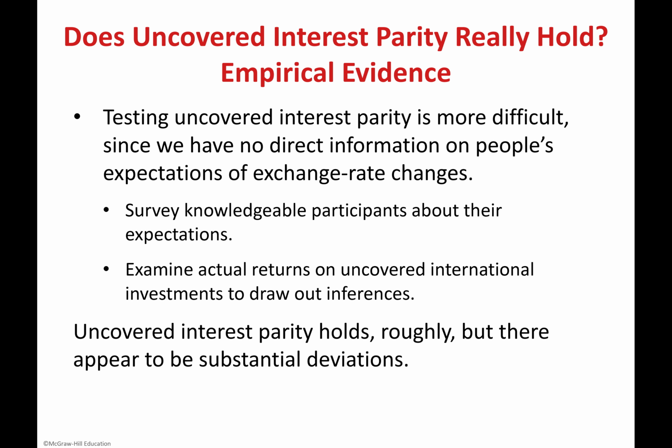And you can examine actual returns if you want to do it ex post, so how things turned out on uncovered international investments, to draw out the inferences from that. Uncovered interest rate parity is deemed by most economists to hold, but it's a lot more approximate, so there appear to be substantial deviations there.